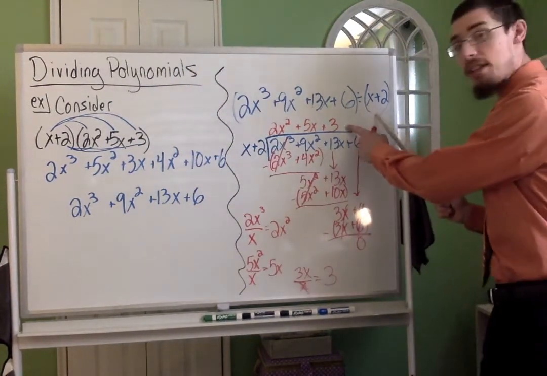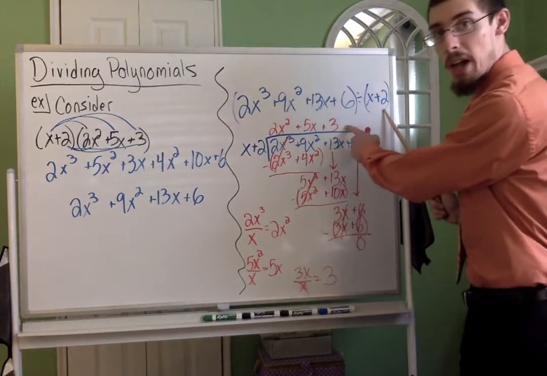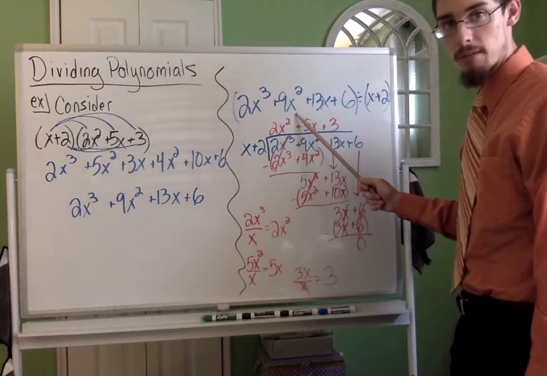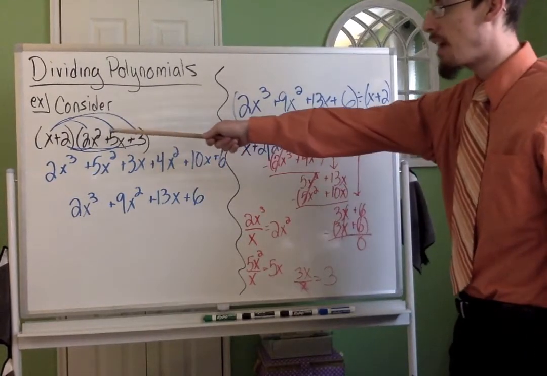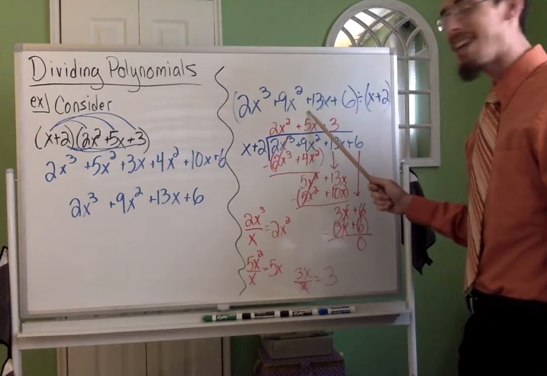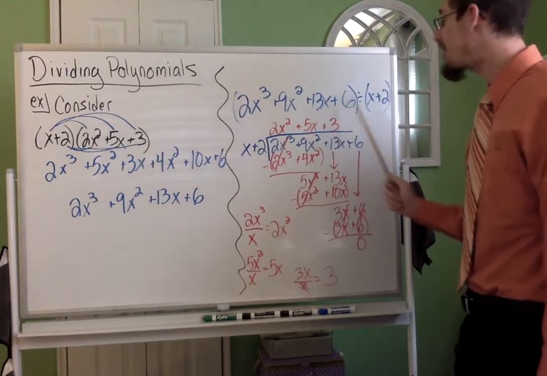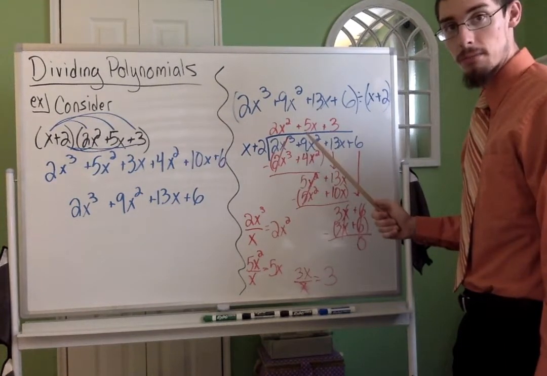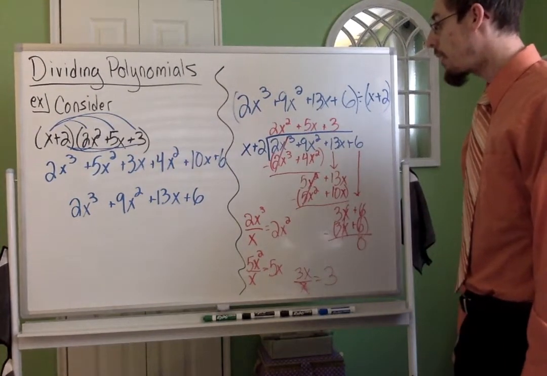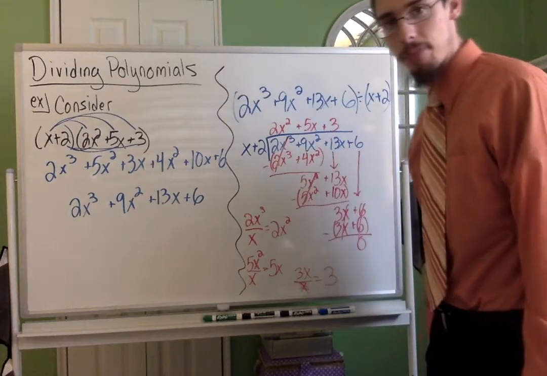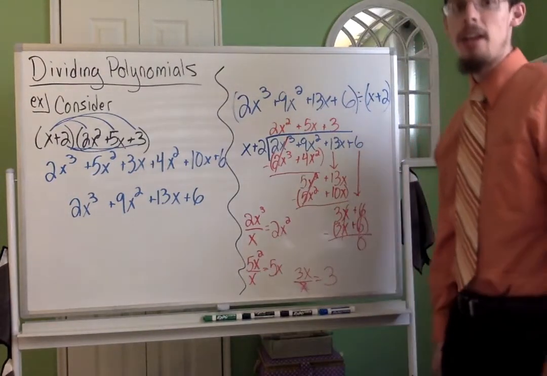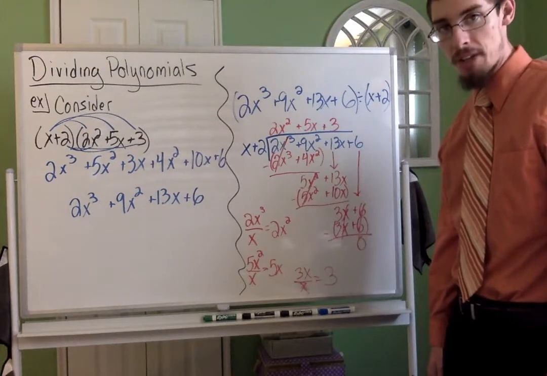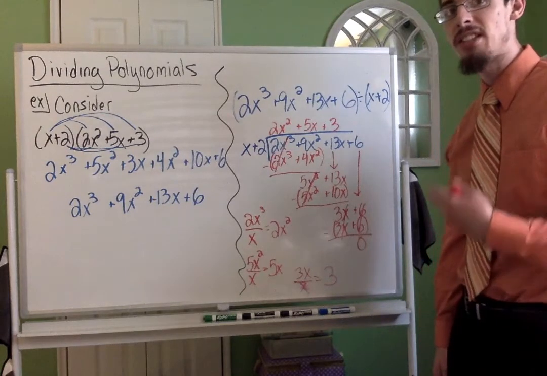Because these two things, when you multiply them, are supposed to equal this polynomial, right? Because I multiplied them to get this, that means if I divide by one of them, I'll get the other. Now, one thing to say about this process, the most important part of this is making sure that everything is lined up.